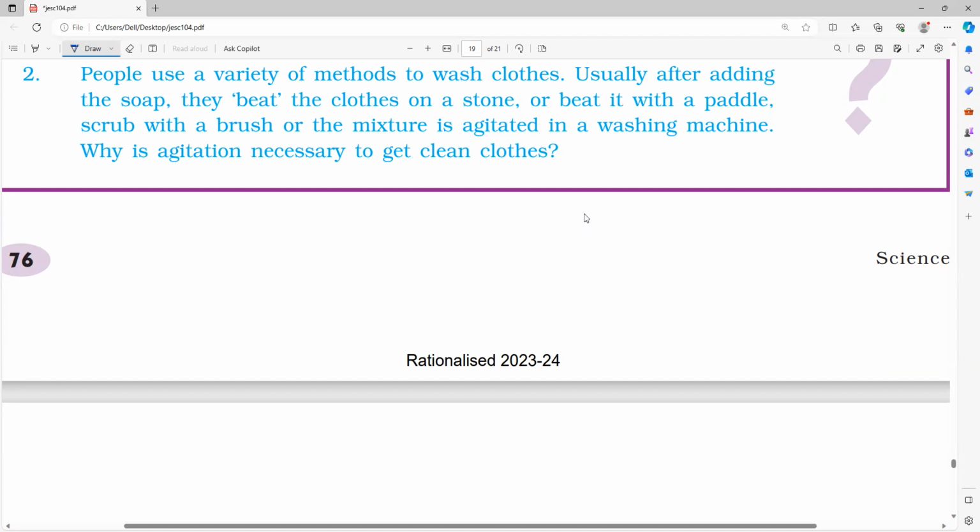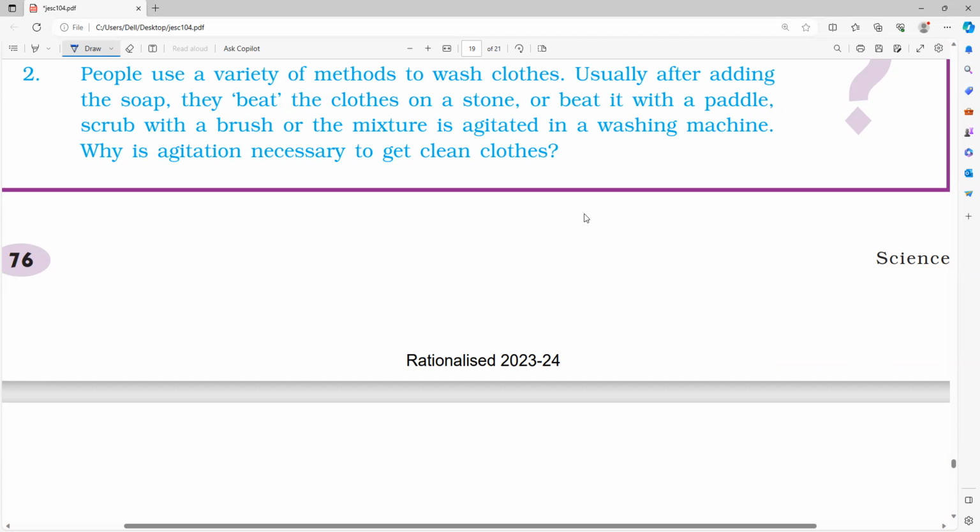Soaps cannot be used. So those are the advantages of detergents over soaps.